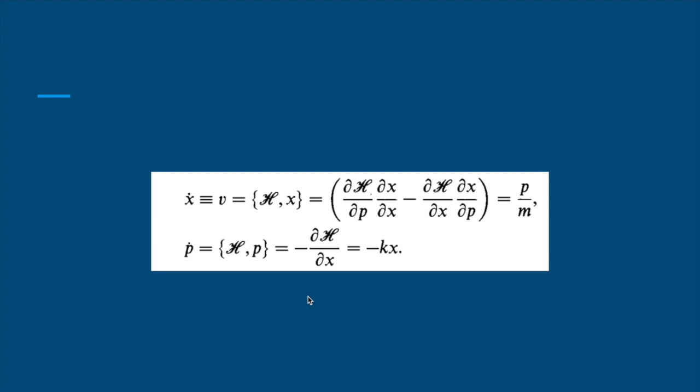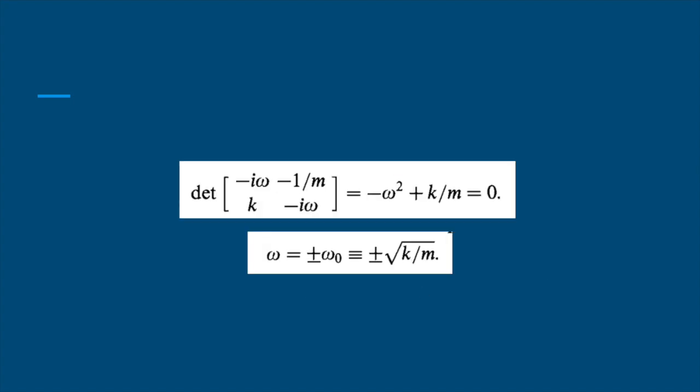And we can have a linear equation in two variables, and then we can solve the resulting characteristic equation as follows. This is the equation we need to solve. We will get two solutions to this equation, and each solution corresponds to a mode of the oscillator.